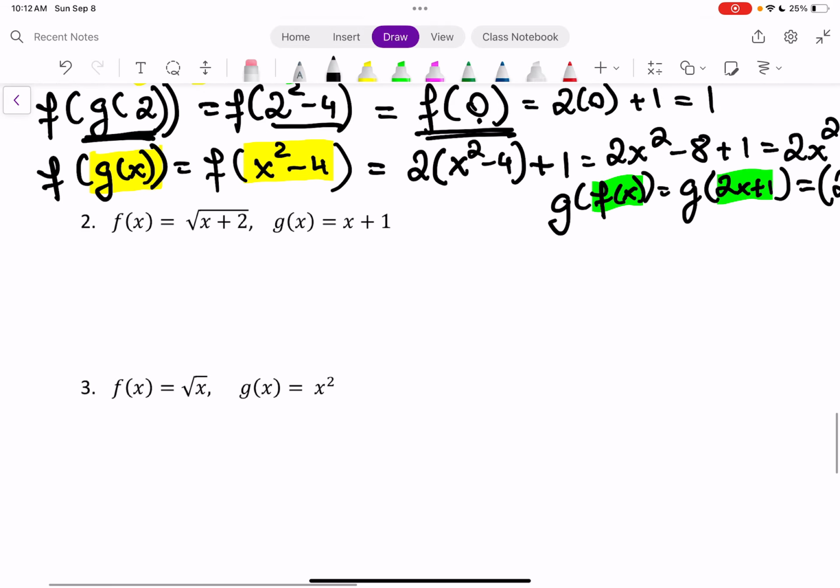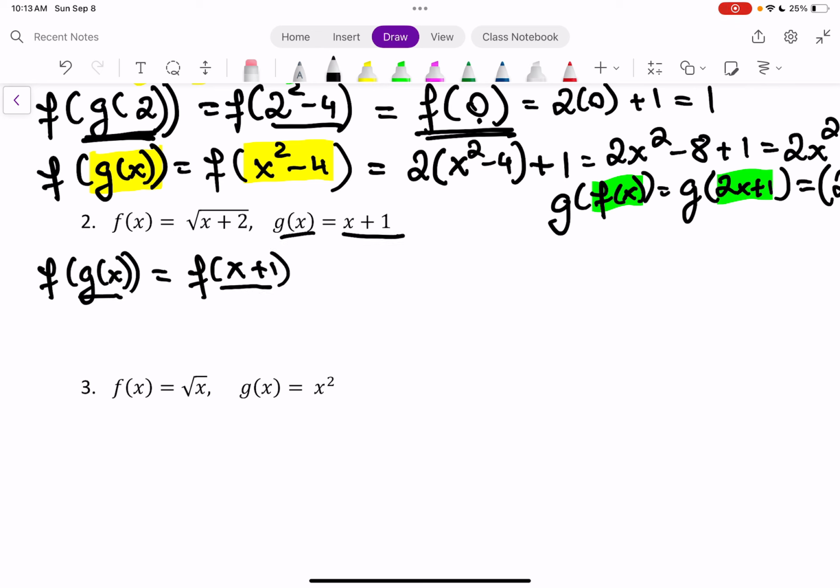Here are my two functions. What is f of g of x? So that simply means take g of x, which by the way is x plus 1, and plug it into the function f.